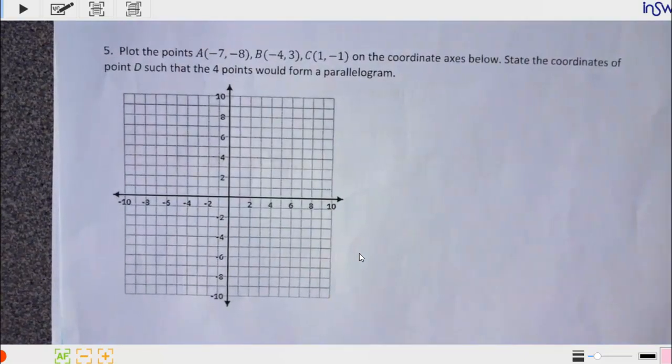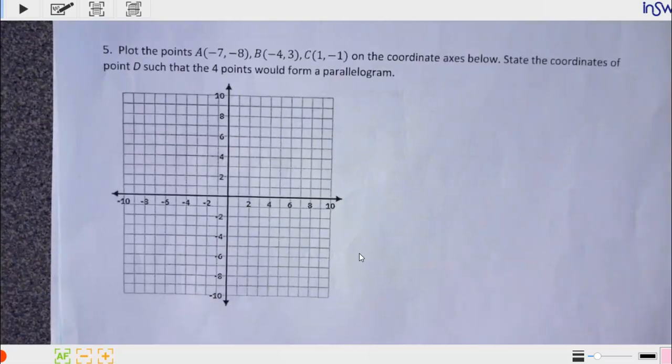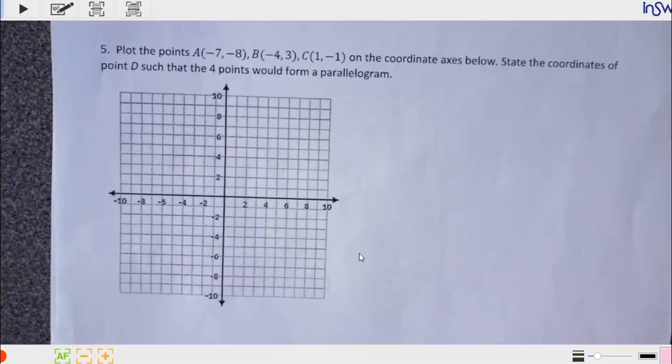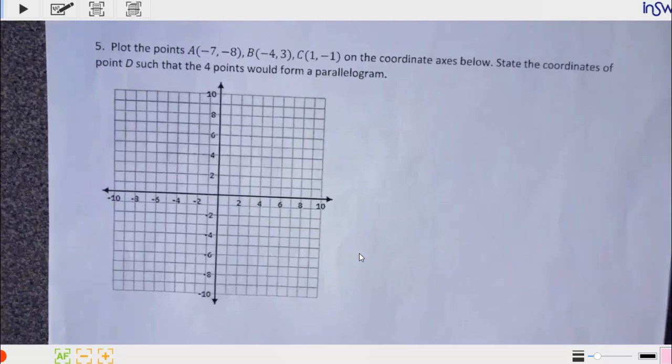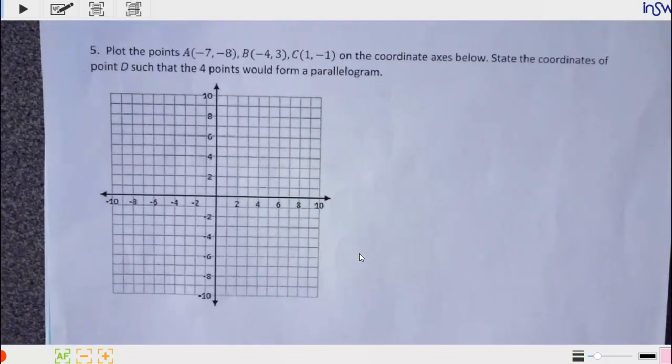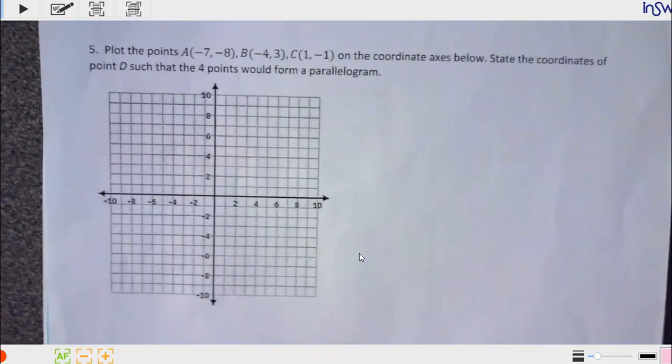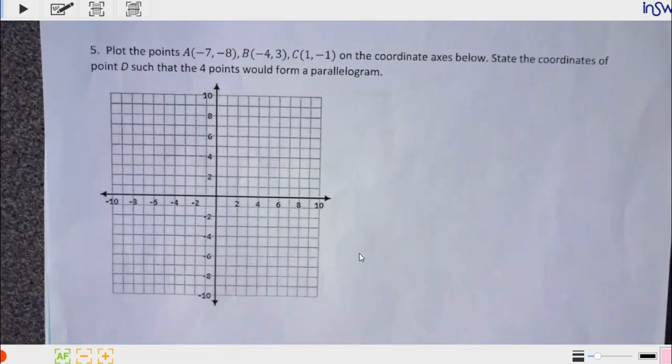The thing is, with this one, I think there's 3 correct answers. There's multiple correct answers for this particular problem. So you may get a different answer than the person next to you, and you might both be right. But you just need to pick a point for D in order to create a parallelogram where it follows all of those things. The opposite sides need to be parallel and congruent. All right, and then that's all you're doing.